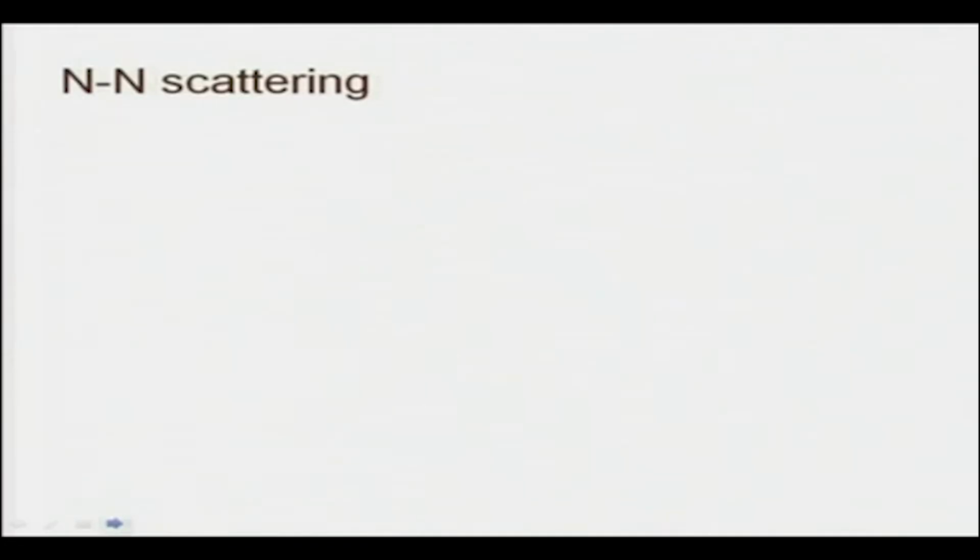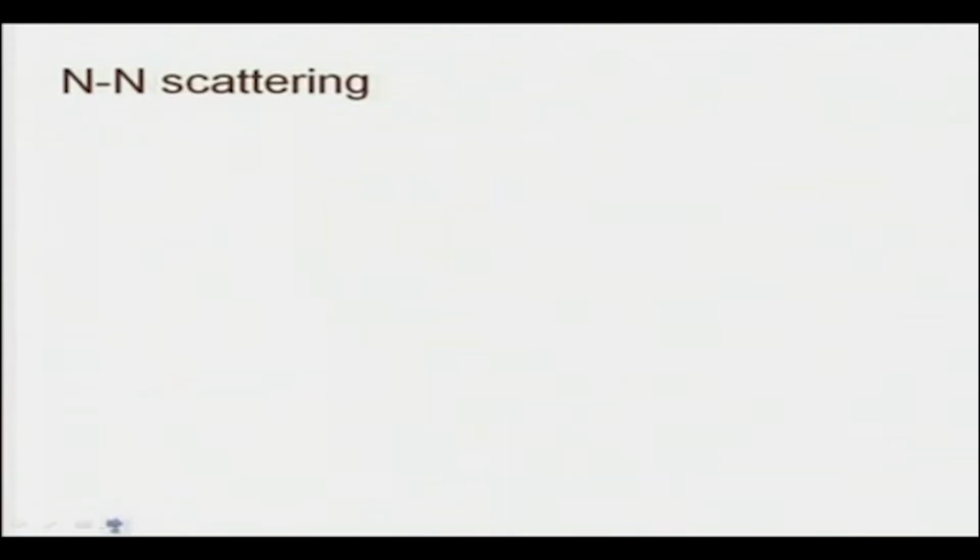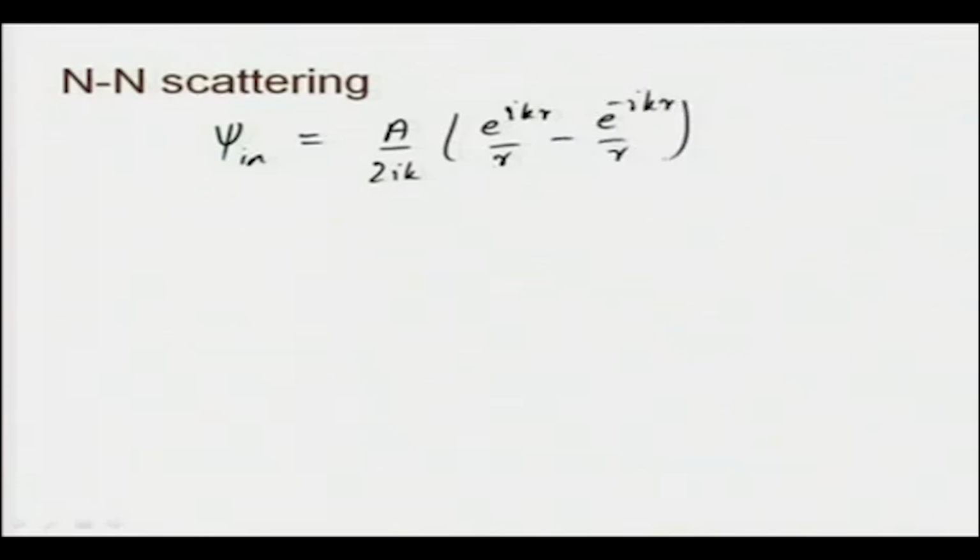And now, once you have the wave function psi like this, let me write it again. We have psi incident equal to A over 2 i k times e power i k r over r minus e power minus i k r over r. Okay.